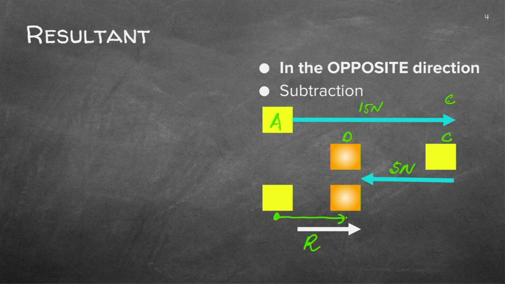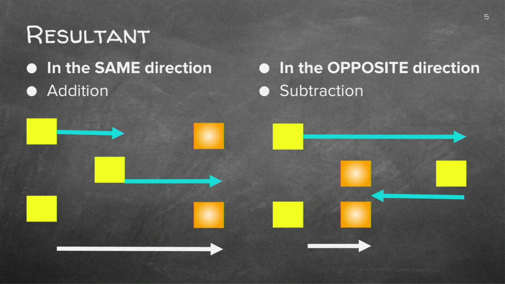Well, it's 15 in the plus direction and it's 5 in the minus direction. So 15 minus 5 will give me a value of 10 newtons. In which direction? Well, you're quite right. It is in the right direction. Just to recap, if it's in the same direction, I can add them together. If it's in an opposite direction, I'll subtract them from each other.